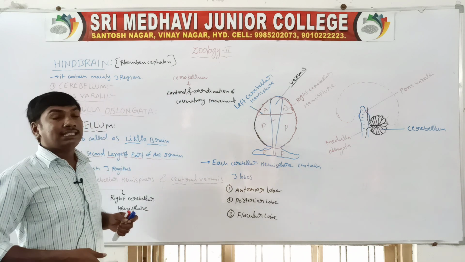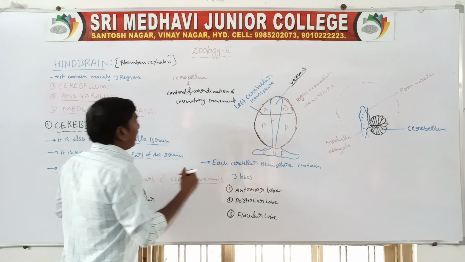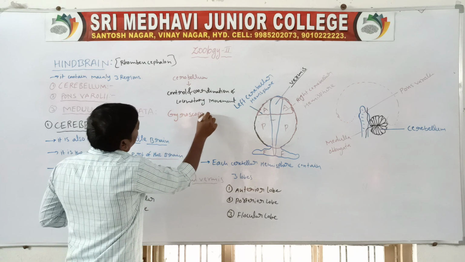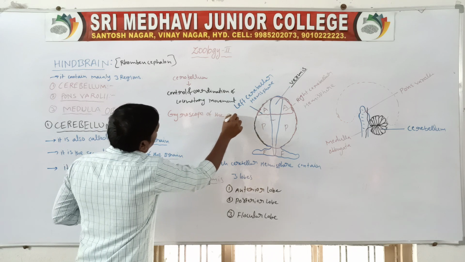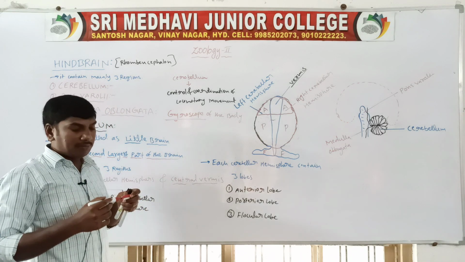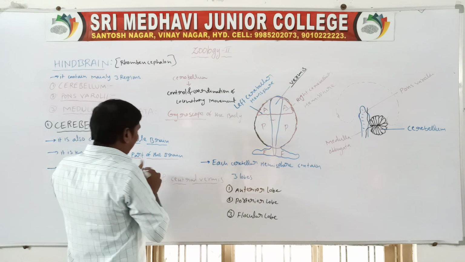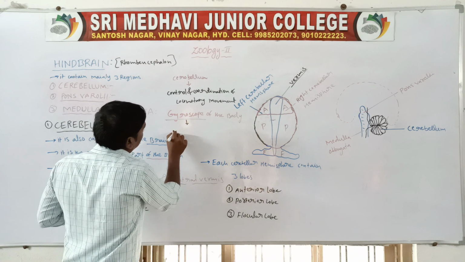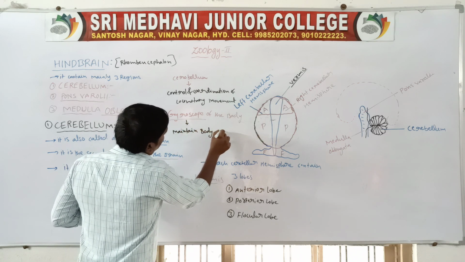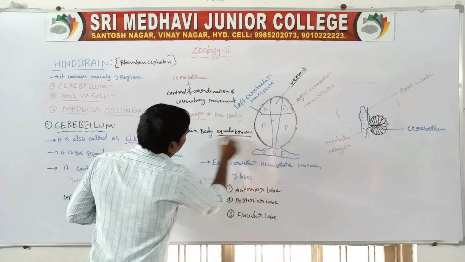Next, the cerebellum is also called the gyroscope of the body. Gyroscope means it maintains the body equilibrium.